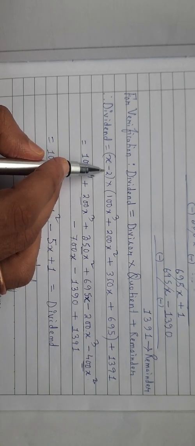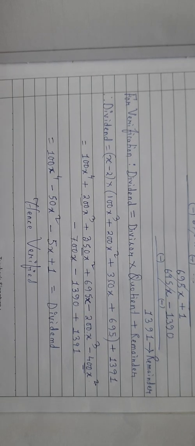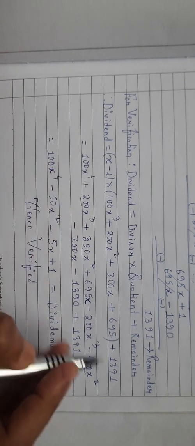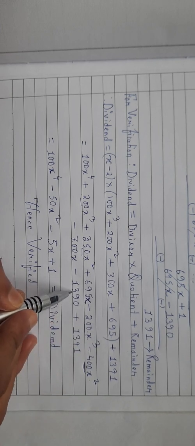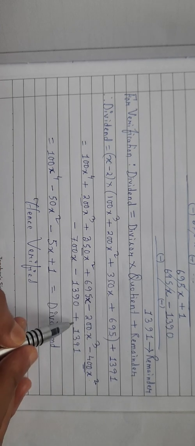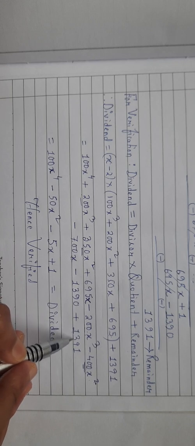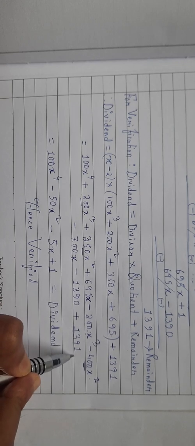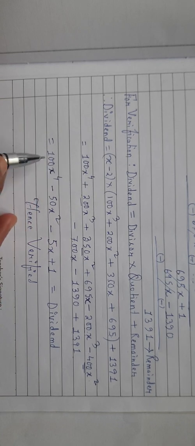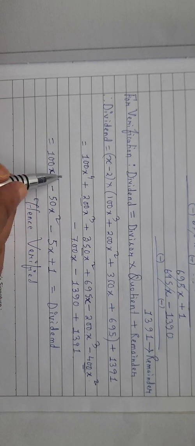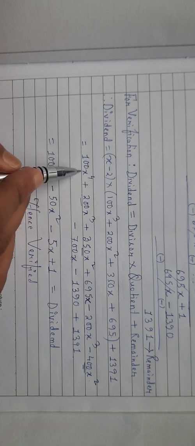Then minus 2 into 695 is minus 1390, plus the remainder, which is 1391. So 100x to the power 4 remains as it is, since there is no other like term which can be added or subtracted with it.